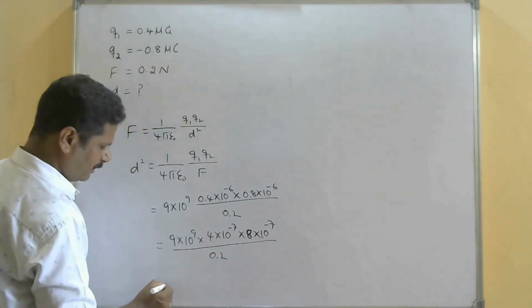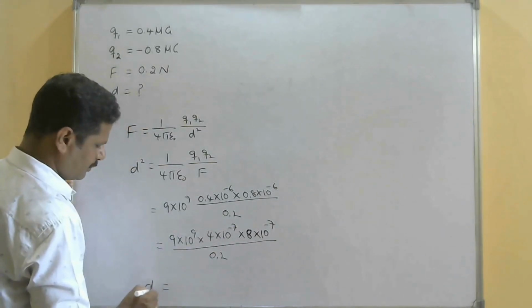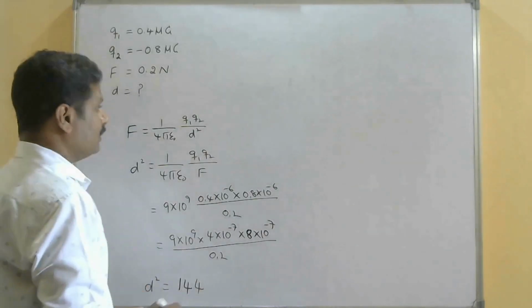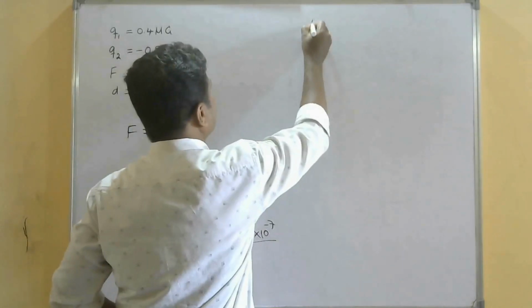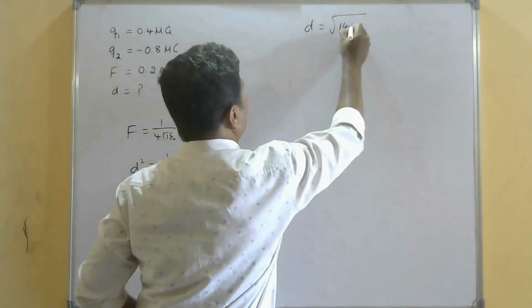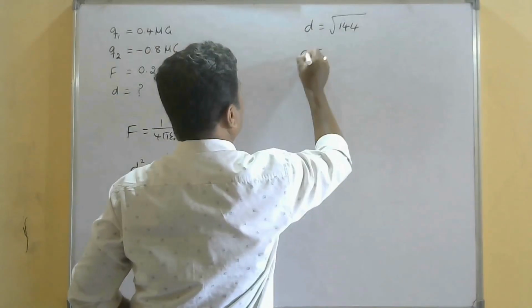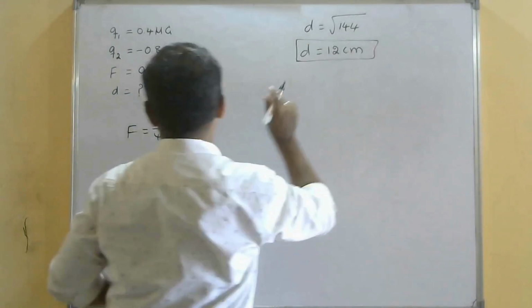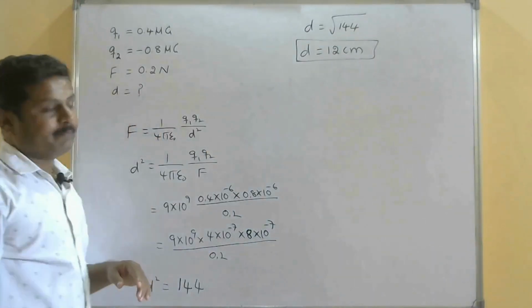On simplifying this, we get 144. So D is equal to square root of 144. This is equal to 12 centimeter. So the distance between these two spheres is 12 centimeter.